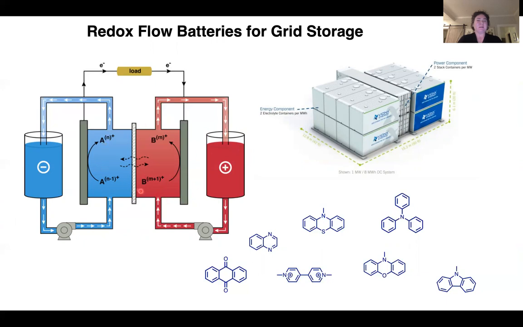What happens is that during charging, you're flowing a liquid through, and this is multiple cycles worth of flowing, and you have a system B, we're calling it BM+1, and that is reduced to BM+ during charging, and likewise this system A is being reduced to AN+.